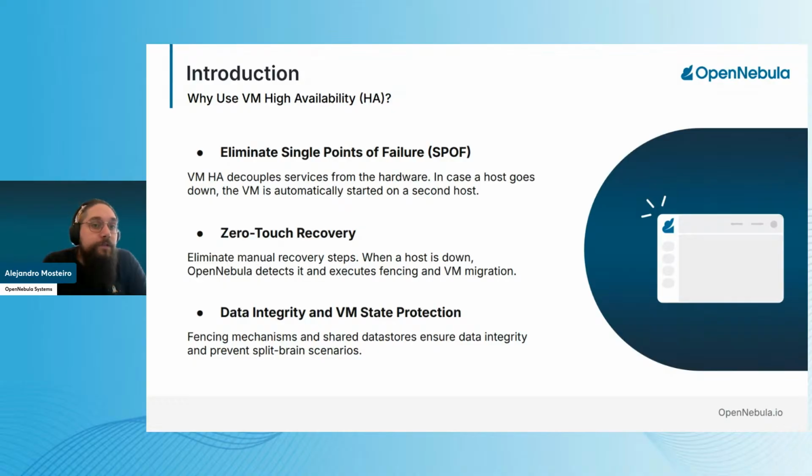We aim for zero-touch recovery, and so try to eliminate any manual recovery steps. This OpenNebula mechanism will automatically trigger and execute the fencing and the VM migration without user interaction, and try to provide data integrity and VM state protection. With the fencing mechanism and shared data stores, we will try to ensure this data integrity and prevent any split brain scenarios, for instance.